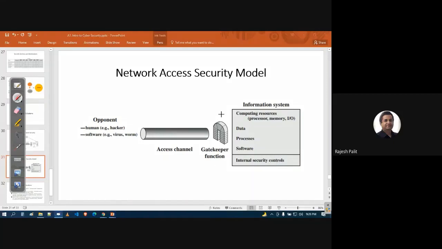There is a separation between the communication channel and the information system, and in between them a firewall or gatekeeper function to control who can enter the information system and who cannot.